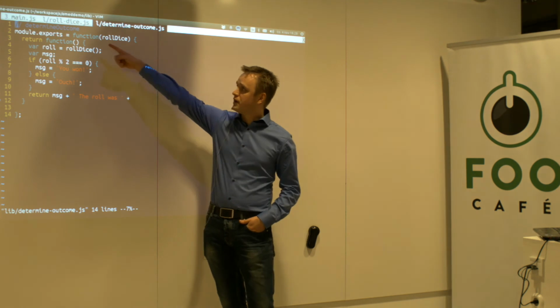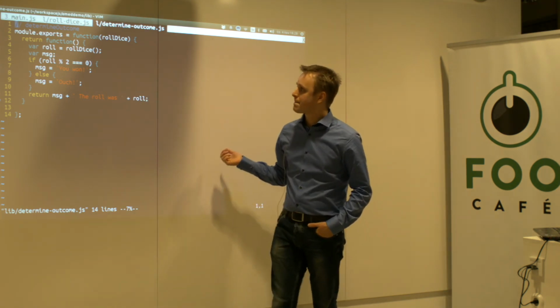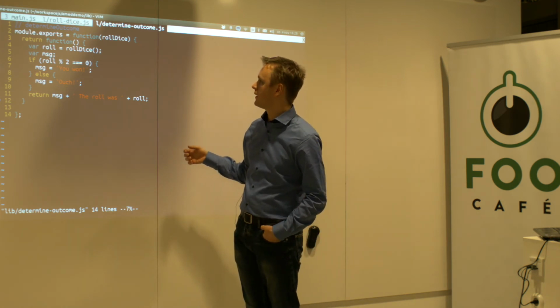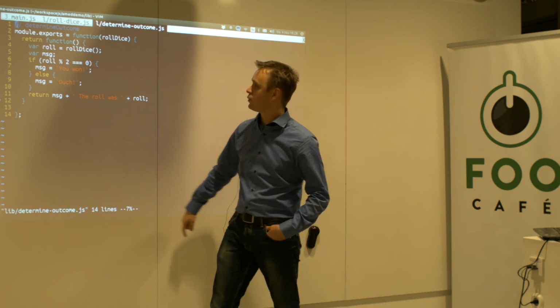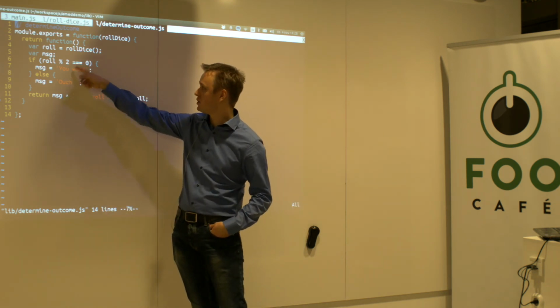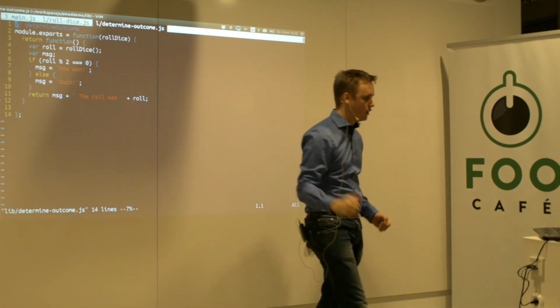And that depends on the previous module, roll dice. So this is also a factory, and it returns a function that will do the roll. And it will give you a message: if it's even, you won, else, ouch. And then the roll was whatever it was.